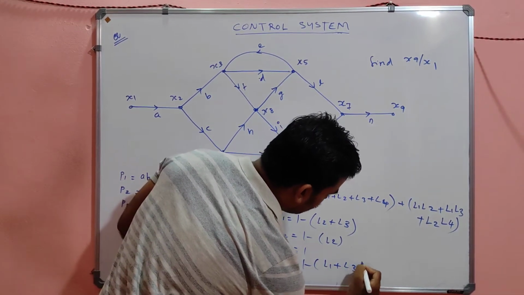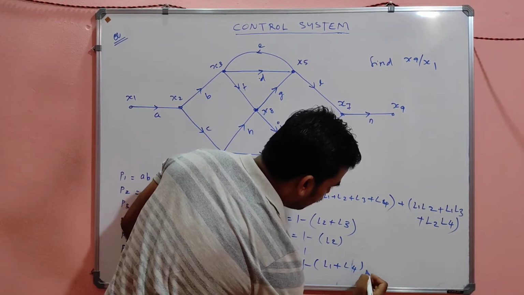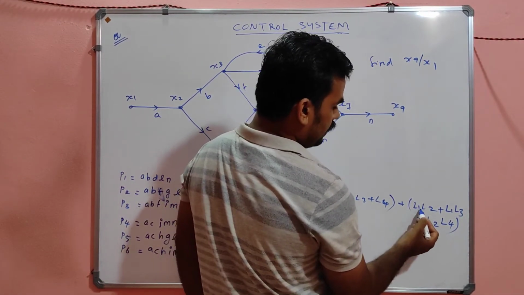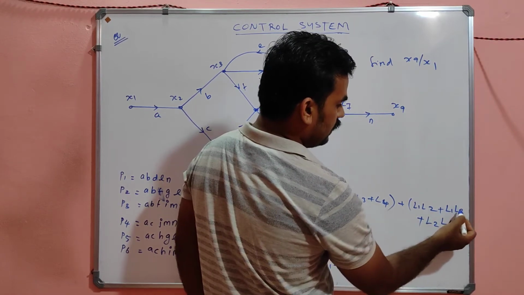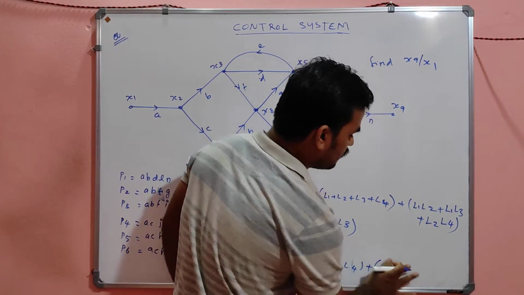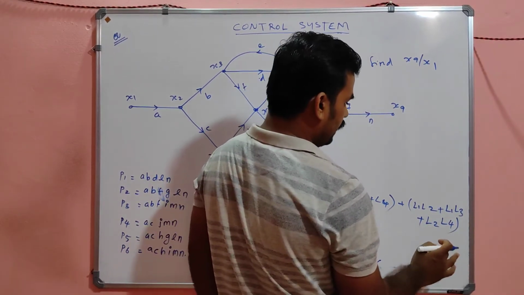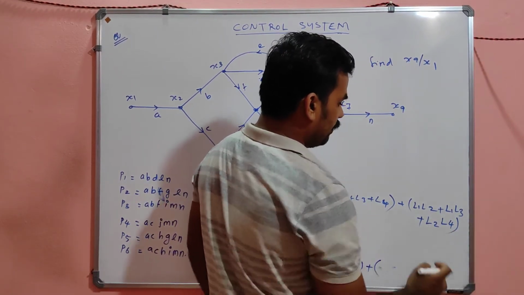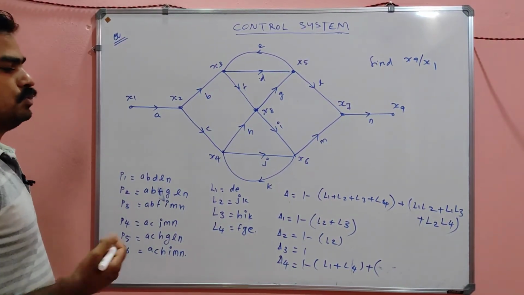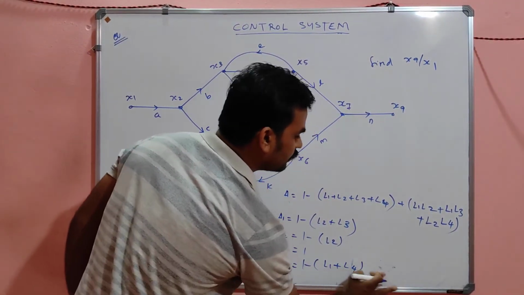L1 and L4 remain, but the remaining all will cancel. L1 and L3 will be cancelled, and L2 also cancels. So it is only like this.